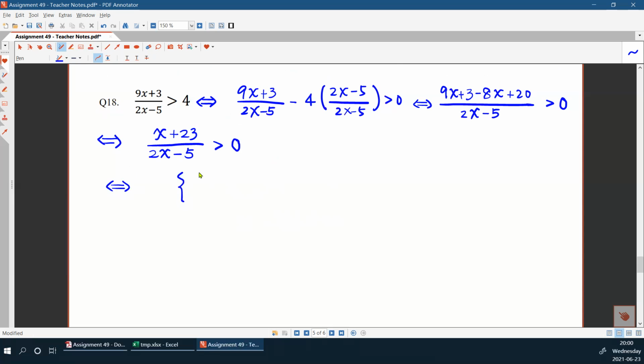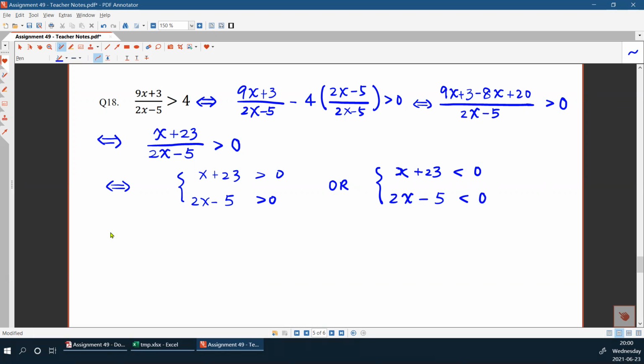So we can either have a positive numerator and at the same time a positive denominator, or we can have a negative numerator and at the same time a negative denominator too.